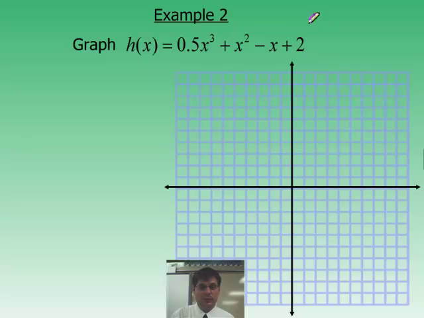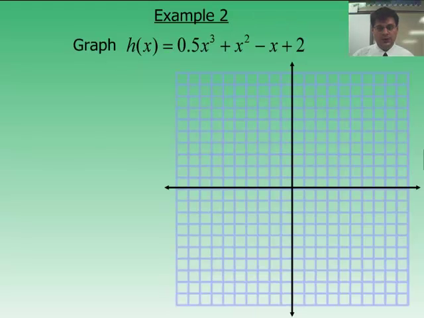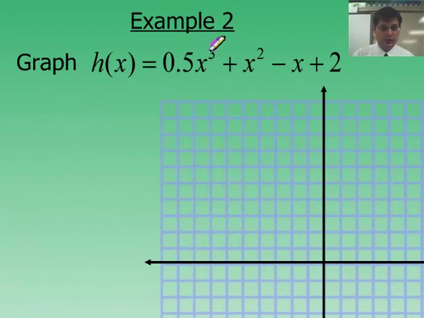So I'll go ahead and pull mine out. But before I do, let's see if we can predict how many turning points there will be in this graph. I can see that this function has a degree of 3, so at most it should have 1 less, or 2 turning points.